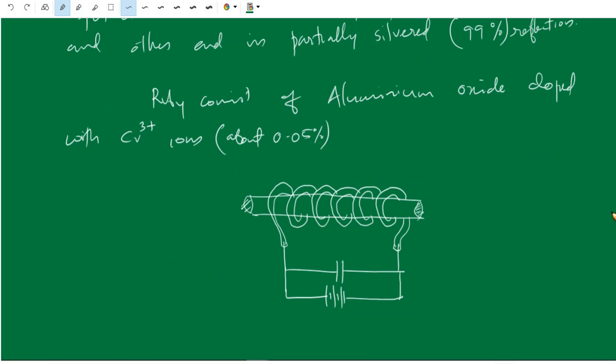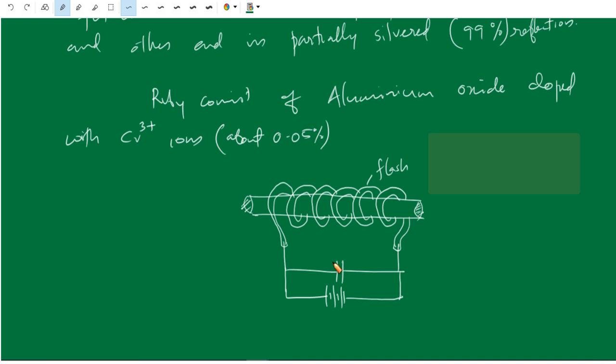This is the schematic of a ruby laser. This is the ruby crystal, a single crystal, or the ruby rod. This is a flash lamp. Flash lamp means a strong source of light, and it is connected to a high voltage, and a capacitance is connected parallel to it.